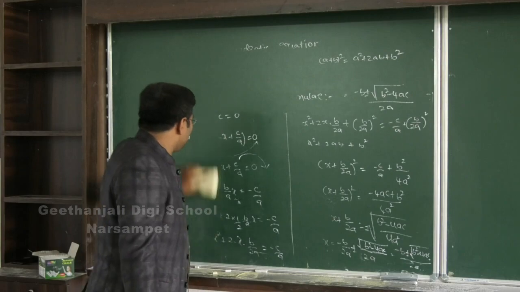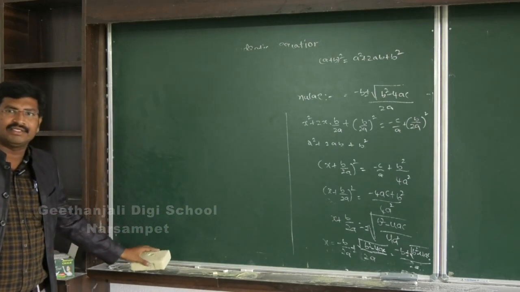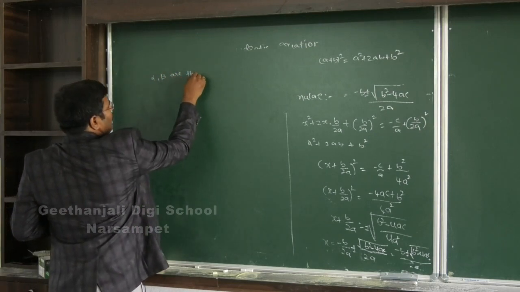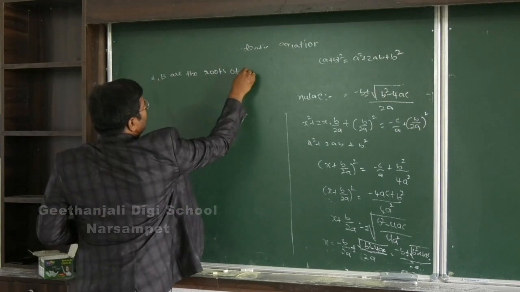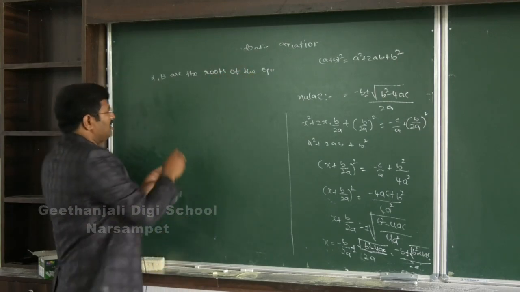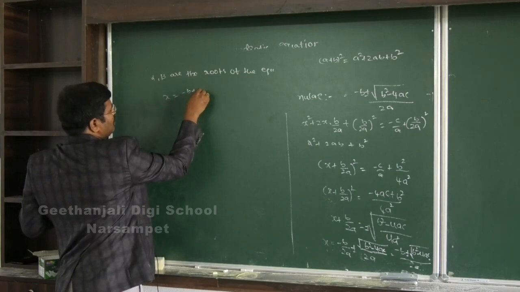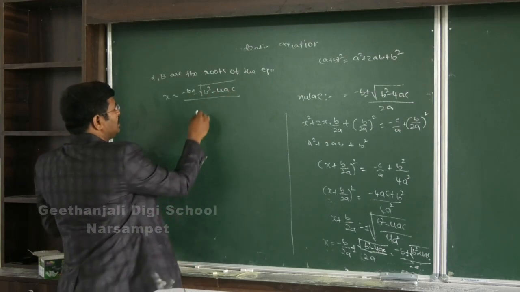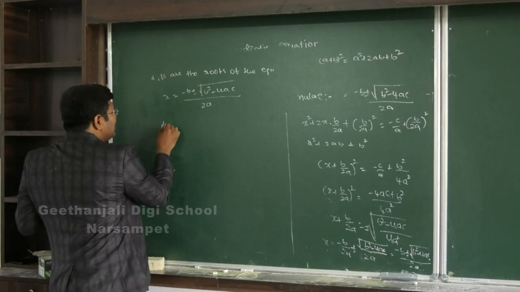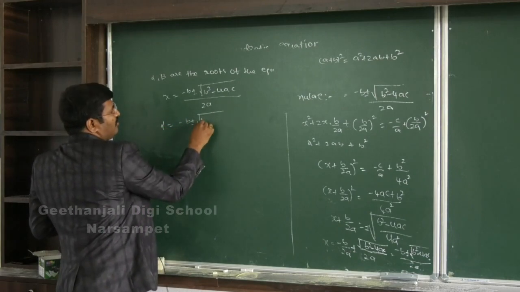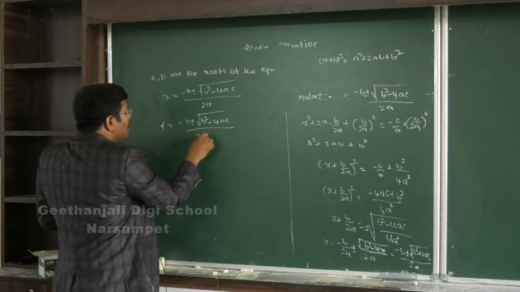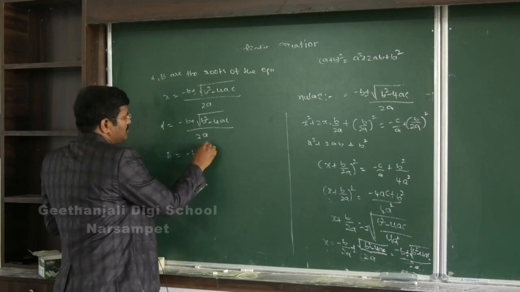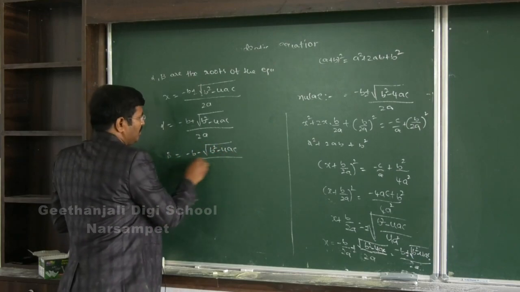The quadratic equation has two roots, alpha and beta. One root, alpha, takes the plus sign: minus b plus under root of b square minus 4ac by 2a, and beta takes the minus sign: minus b minus root of b square minus 4ac by 2a.